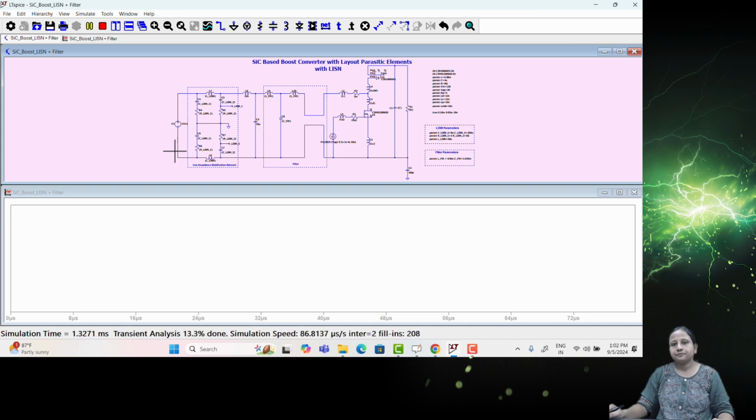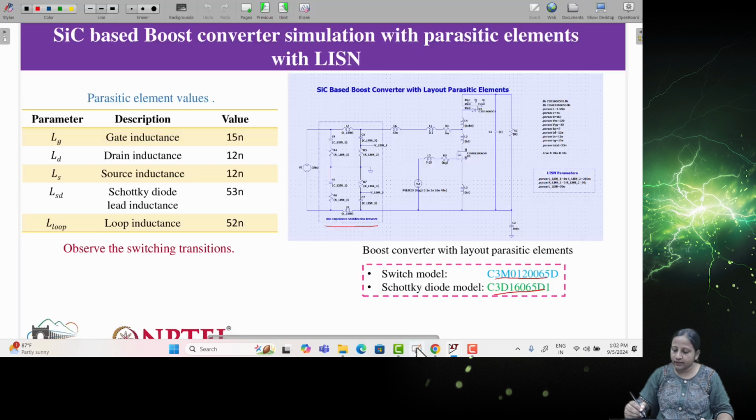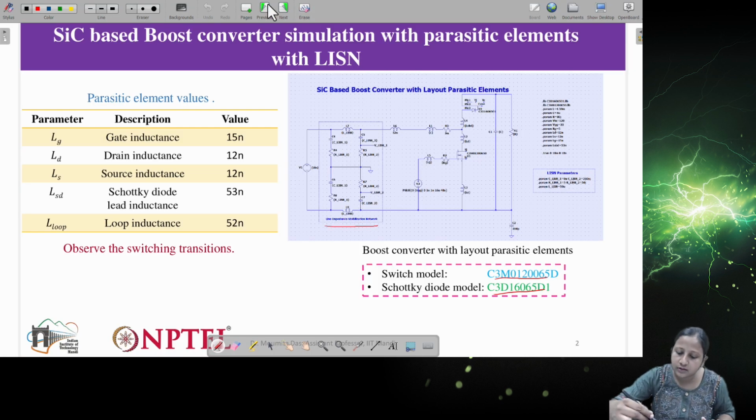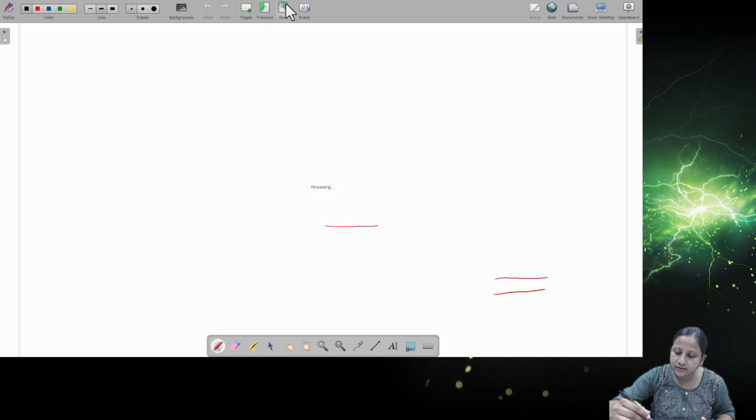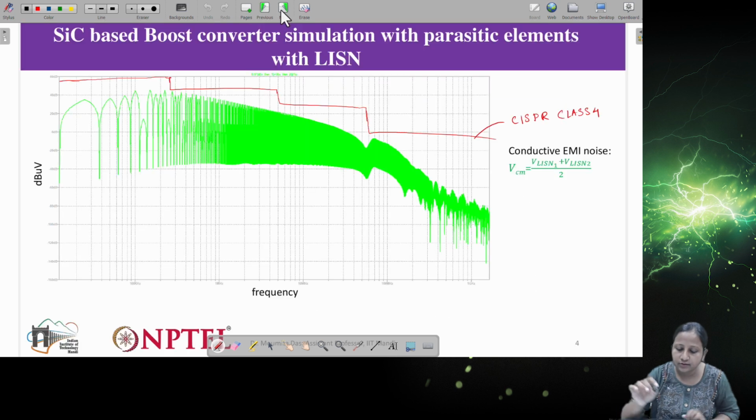So the thing is that without the filter you have seen that initially it is below the standard, but after some time it is increasing. While the simulation is running, let me tell you this part. See here, this is for the common mode noise.